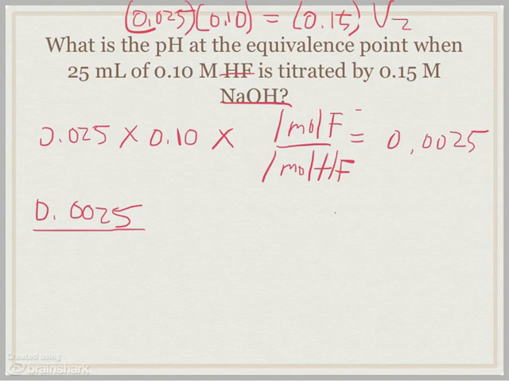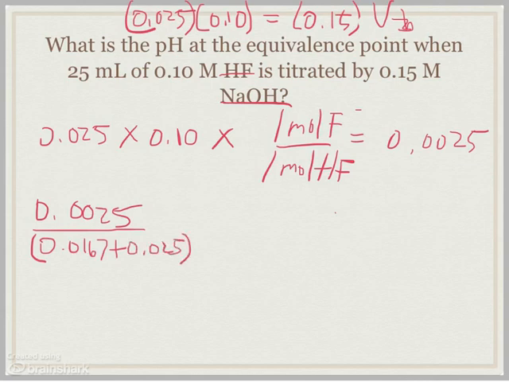So you're looking for the volume of the base in this case. So it would be 0.025 times 0.1 and then divide by 0.15. So you end up with a volume of 0.0167. So 0.0167 plus what we had originally, which was 0.025, and you end up with a total volume of about 0.0417.